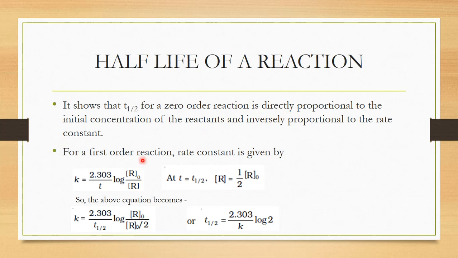Now let us calculate t half for a first order reaction. Here k is equal to 2.303 upon t log of R naught upon R. Again, at t equals t half, R will be equal to half of R naught. Putting the values, you will get t half equals 2.303 upon k into log 2.